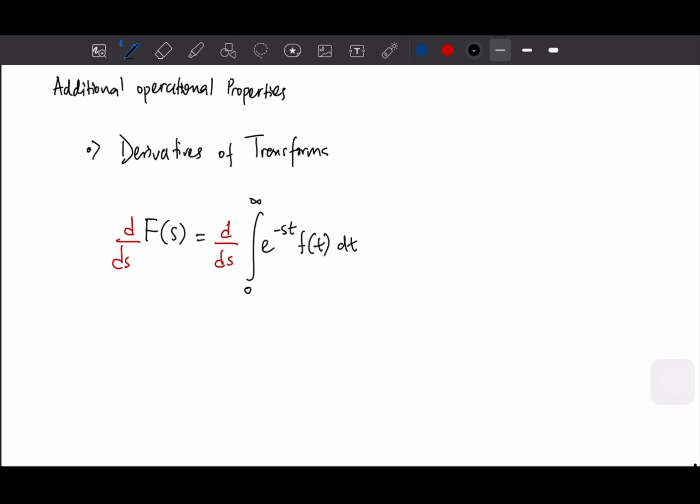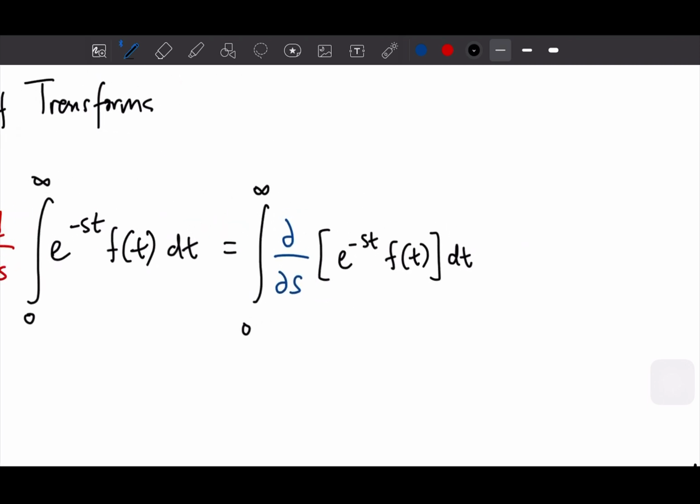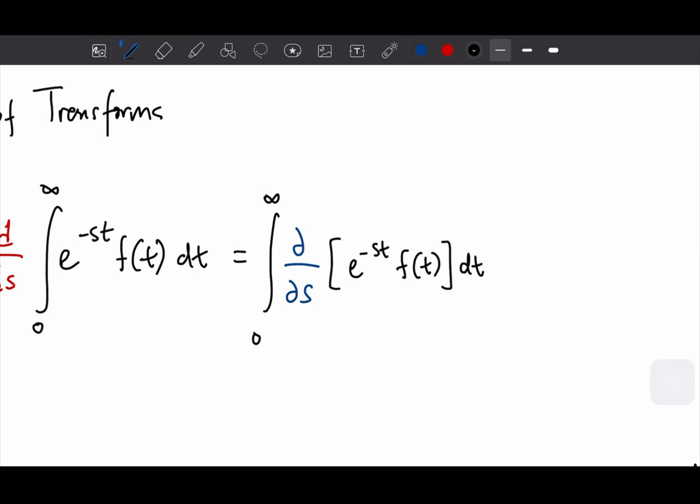And then we can try to move this d/ds inside the integral, making it a partial derivative. Let me write it with the Leibniz notation. So by taking this partial, we take the derivative with respect to this s here.